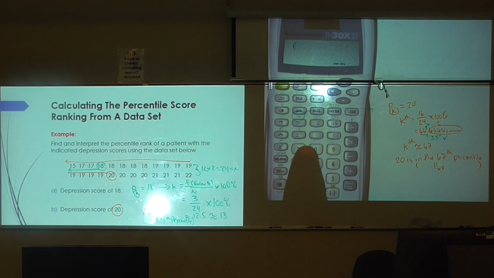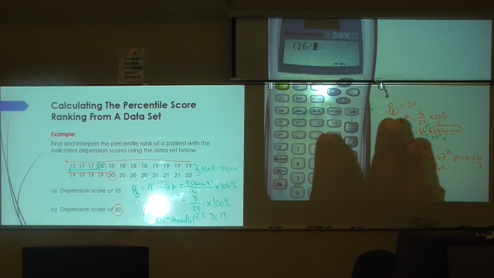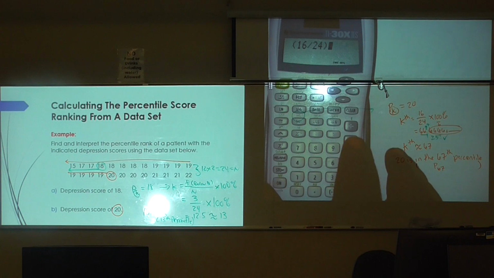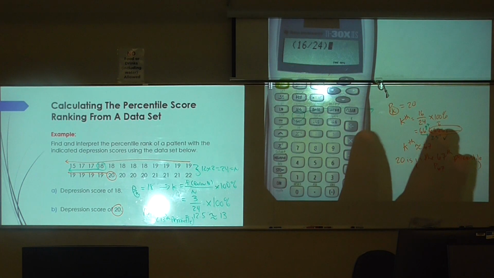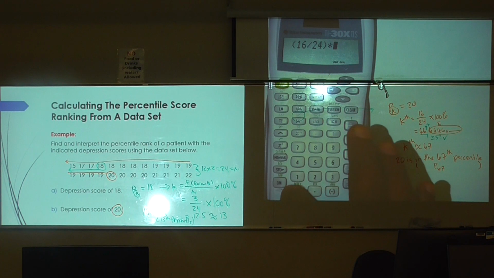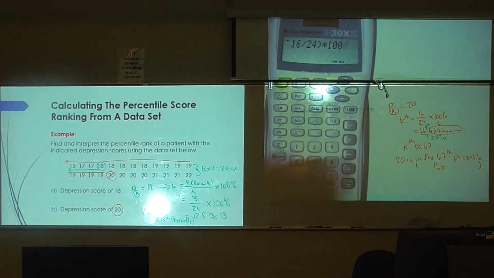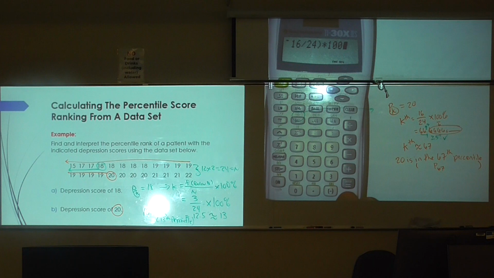I write 16 divided by 24, close the parentheses, and then times 100. That keeps it safe, because without parentheses other operations could interfere. Enter that, and notice I get the same thing.